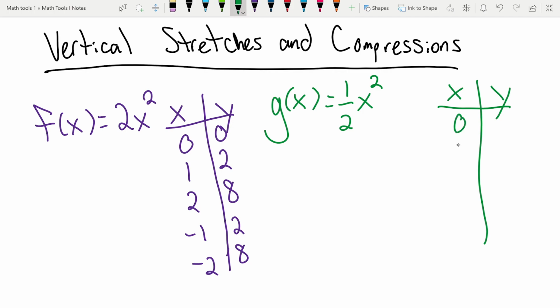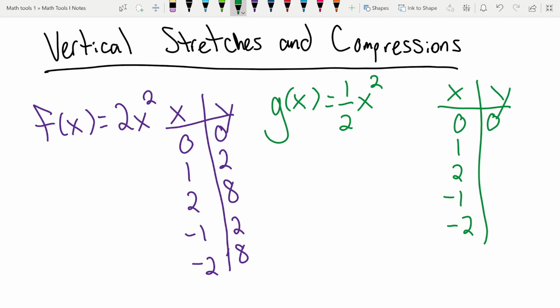Now, if we think about what happens on the 1/2 x squared, if the 2x squared points are like a vertical stretch, we then might expect this to be a vertical compression. Okay, so 0, 0 is just going to stay the same, this point's not being altered.